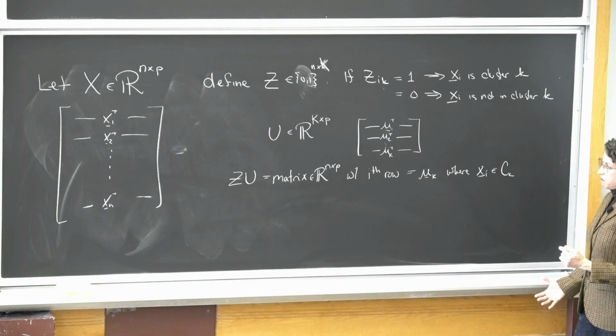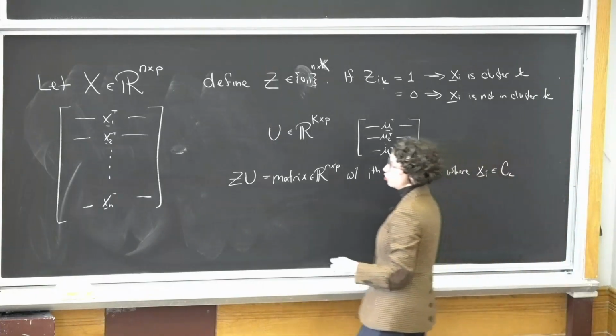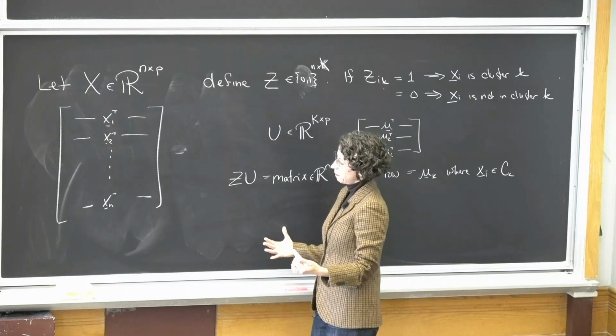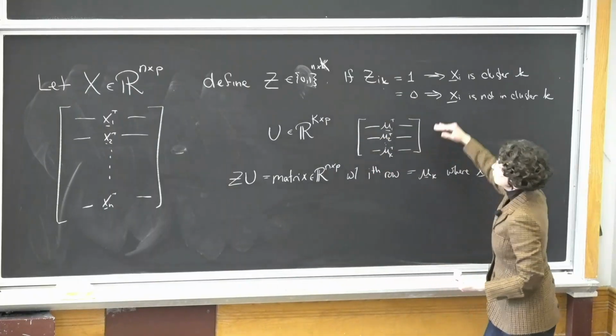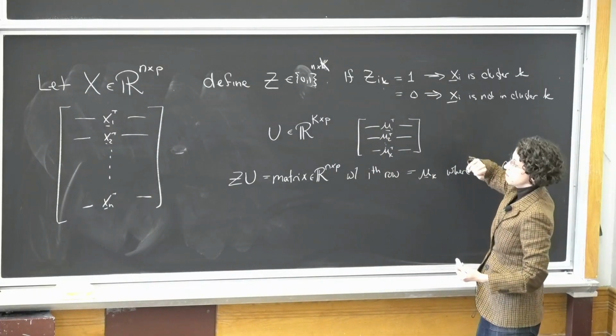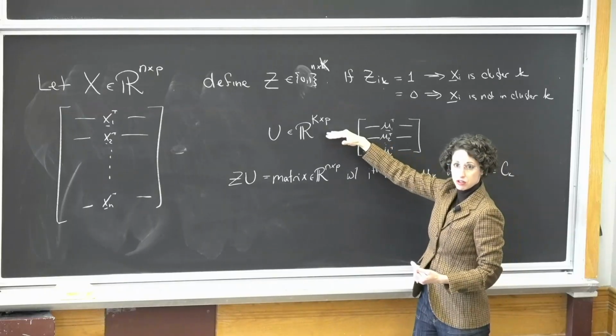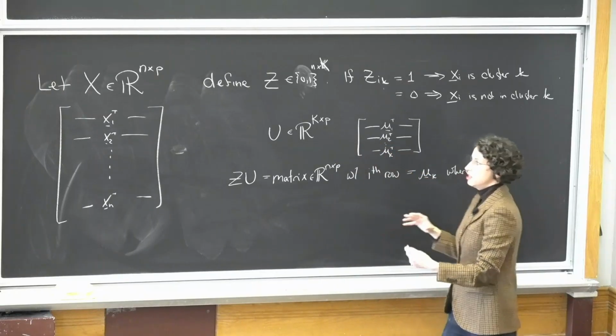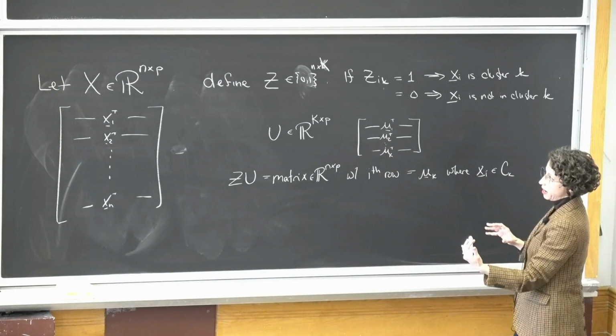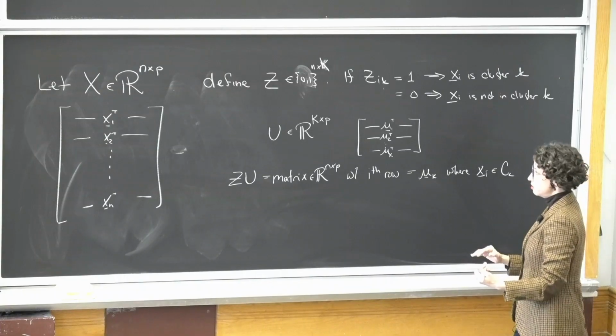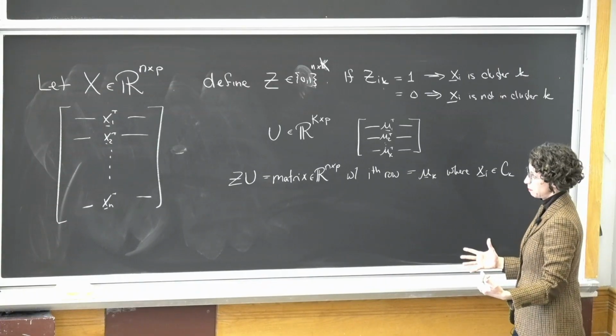And so now what we can do is say, all right, our goal with clustering is to find cluster assignments, Z, and cluster centers, U, so that the distance between each point X and its cluster center is as small as possible.